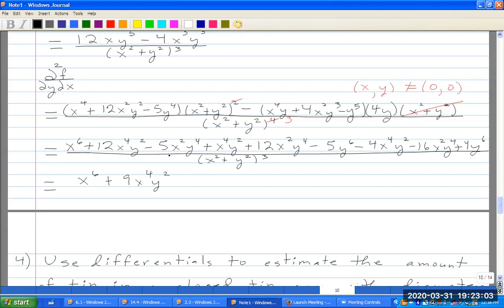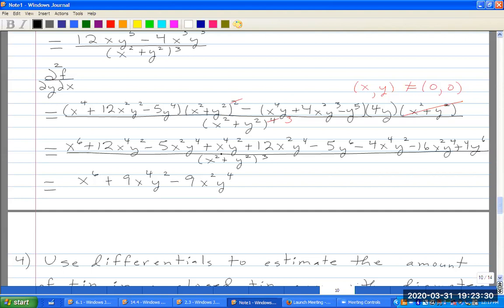Minus 5x squared y to the 4th plus 12x squared y to the 4th is 7, minus 16x squared y to the 4th. So that gives you a minus 9x squared y to the 4th.